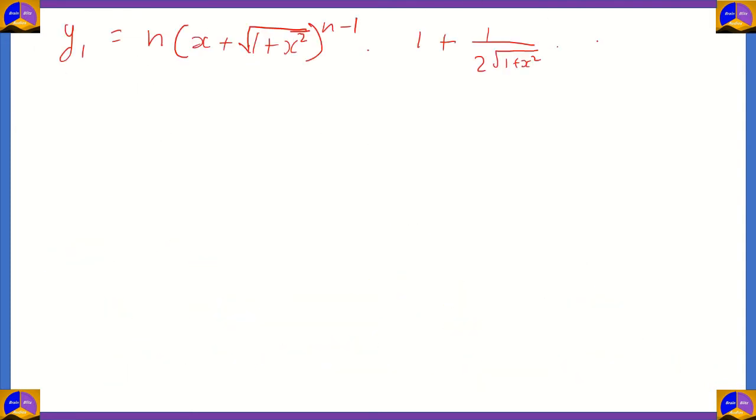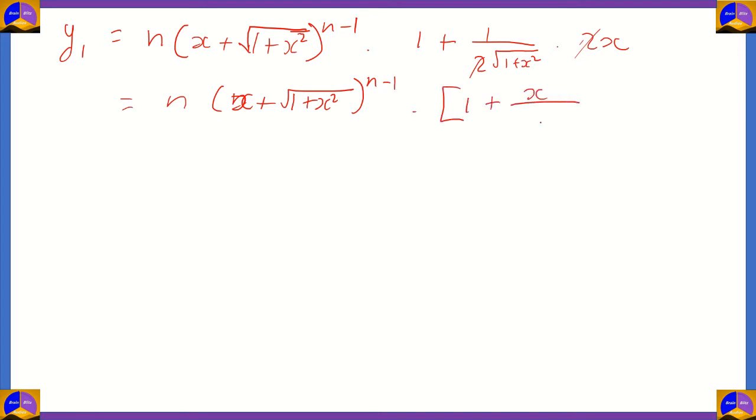That will be equal to 2x. So 2 and 2 get cancelled, so therefore you will have n times (x plus under root of 1 plus x squared) whole raised to n minus 1 times 1 plus x divided by under root of 1 plus x squared.